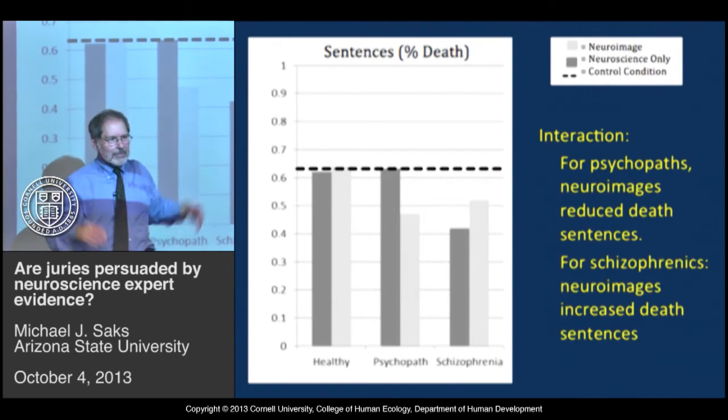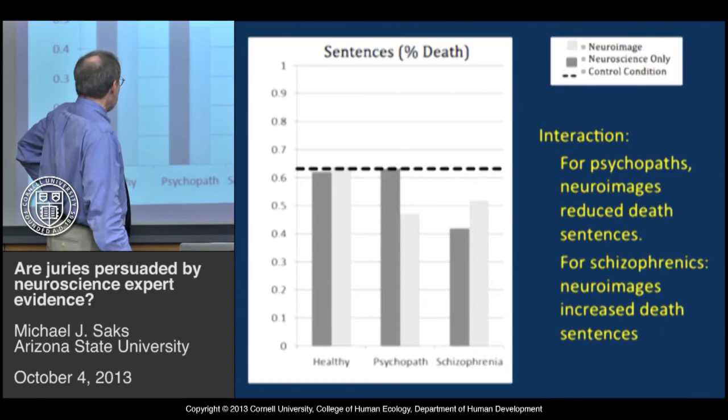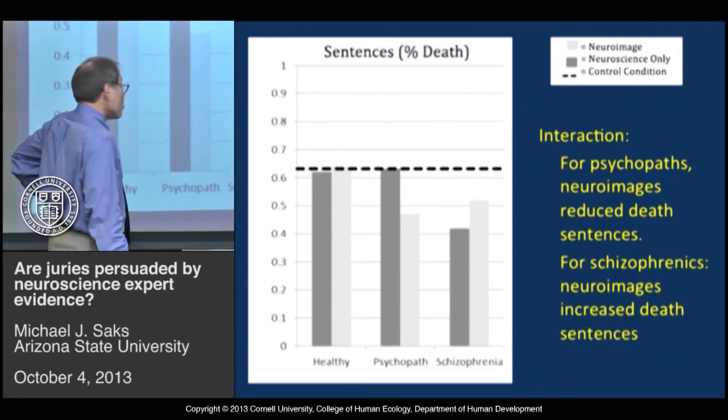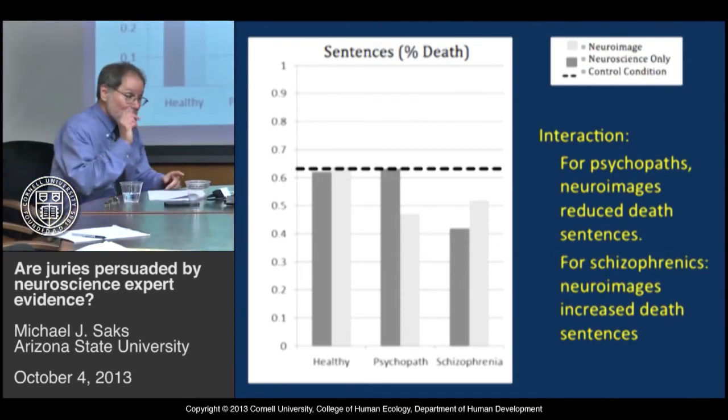But if you look at the height of the two black bars for the healthy and the psychopaths, what jumps out is psychopathy is just not a mitigating factor. Yes. Merely being a psychopath is doing nothing. That's right.